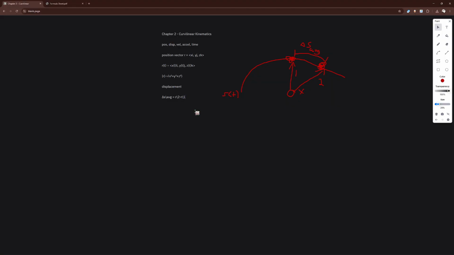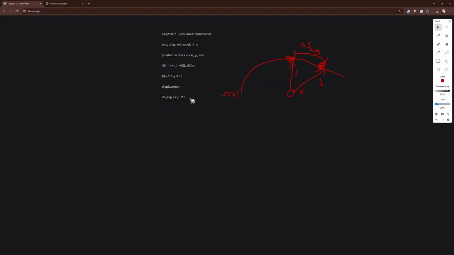You should already know how to do vector subtraction and addition, but if you don't, it's just component of vector 2 minus component of vector 1. So it'll be x2 minus x1 i hat, y2 minus y1 j hat, and then same thing for z.